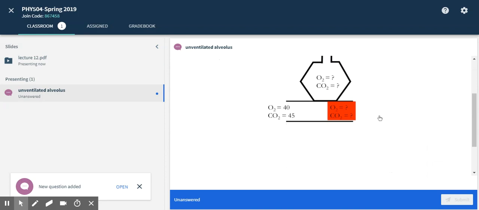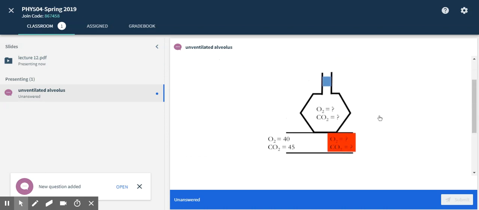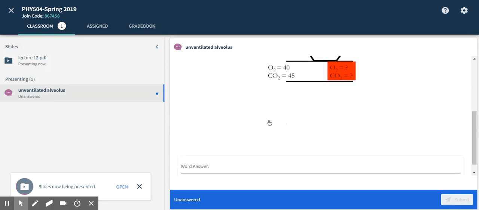That is the gas pressures coming in on the capillary side. And that little blue rectangle is an obstruction of air entering into that alveolus. So what would you expect to see in the red box? What would you expect for your gas pressures in this example where you have perfusion and no ventilation?